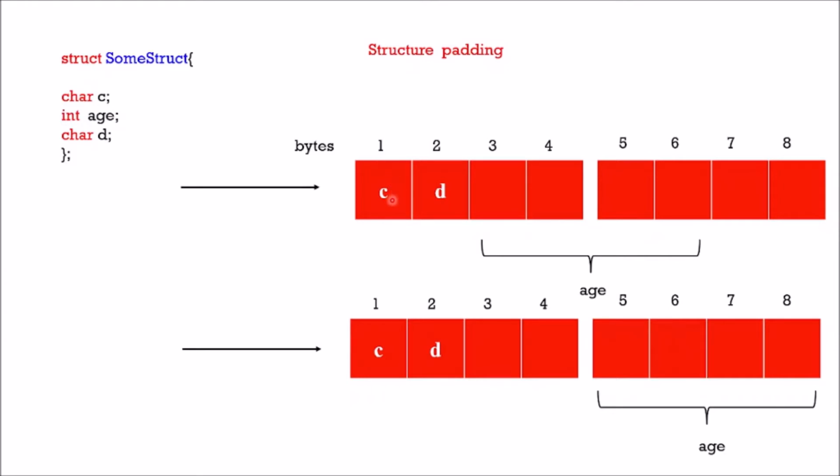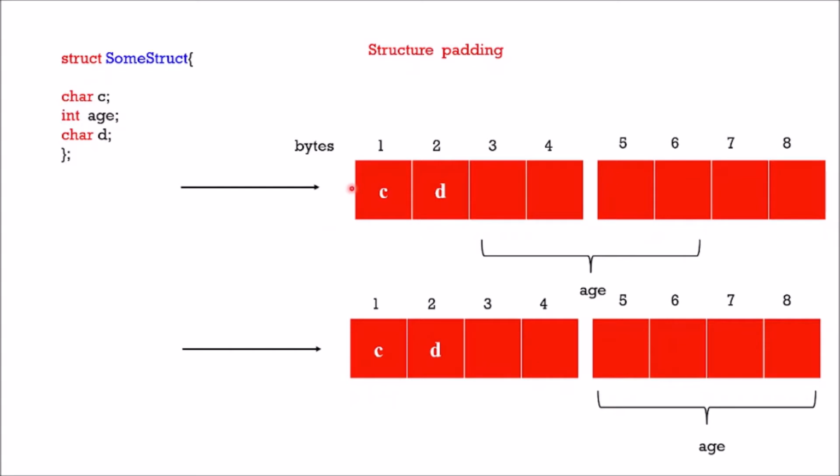Actually, sorry, the characters arranged in this way: 1 byte, and the integer age that occupies 4 bytes will be in the following 4 bytes. So in this case, what would happen when the processor is reading memory is the following.